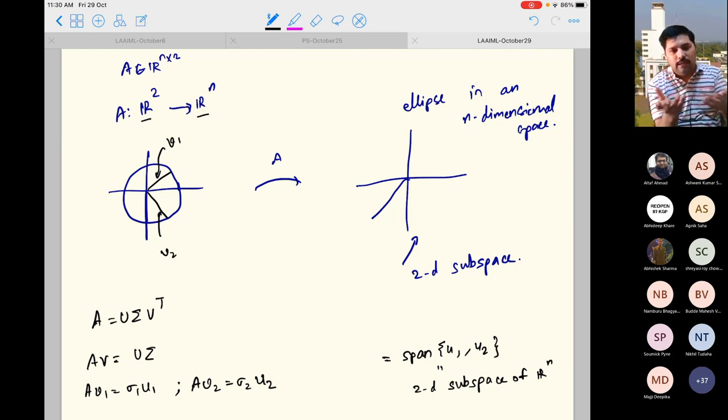So here in this particular simple case, if sigma 1 and sigma 2, only two singular values, are there and sigma 2 is really very small, that means that you are looking basically at a line segment of length 2 sigma in the U1 direction, right? So all the vectors on the circle are getting roughly mapped into this line segment. Do you agree? Yes, sir.